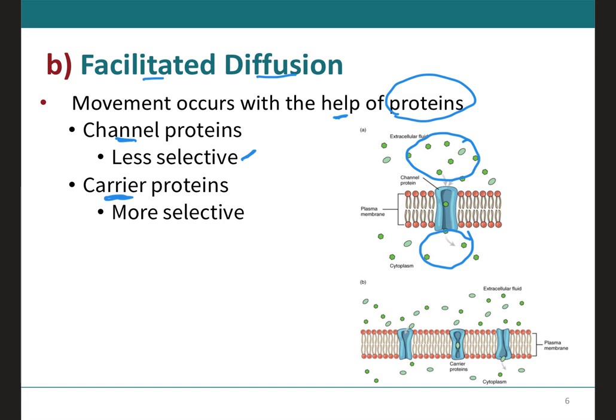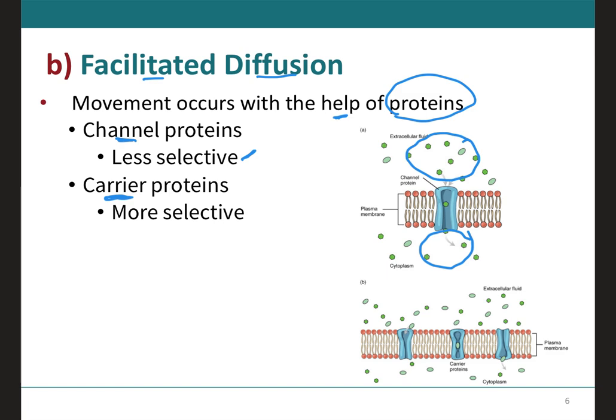An example of this would be sodium ions. Even though these ions are highly concentrated outside of the cell, these electrolytes are charged and cannot pass through the nonpolar lipid bilayer of the membrane.